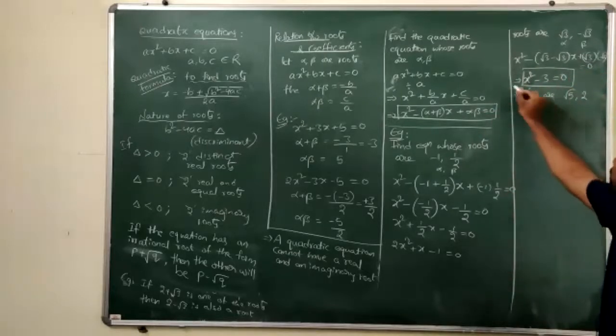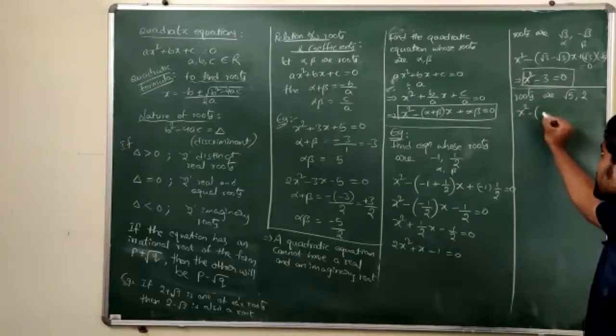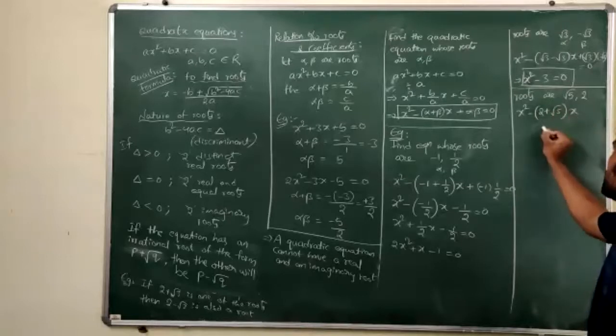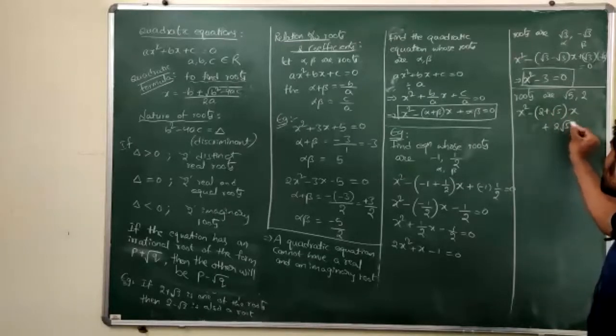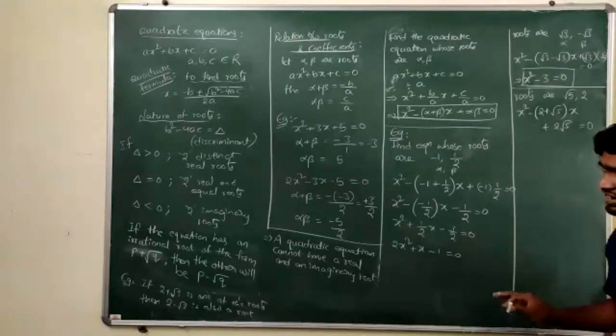Now roots are root 5 and 2. x square minus of 2 plus root 5 of x plus 2 into root 5 is equal to 0. Any doubt till here? So these are the basic ones.